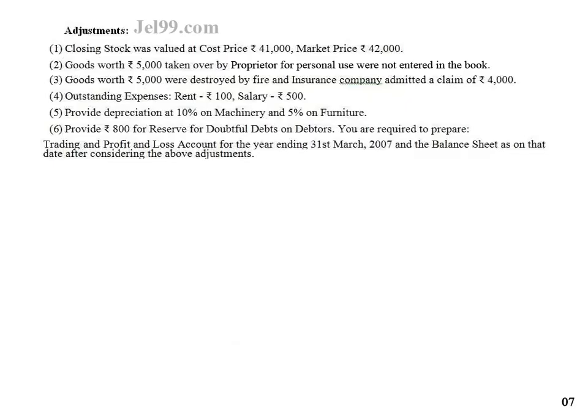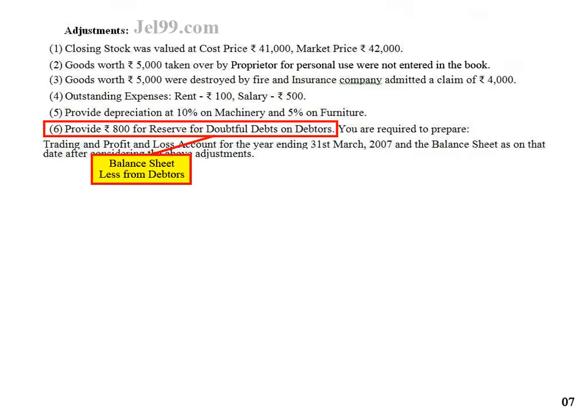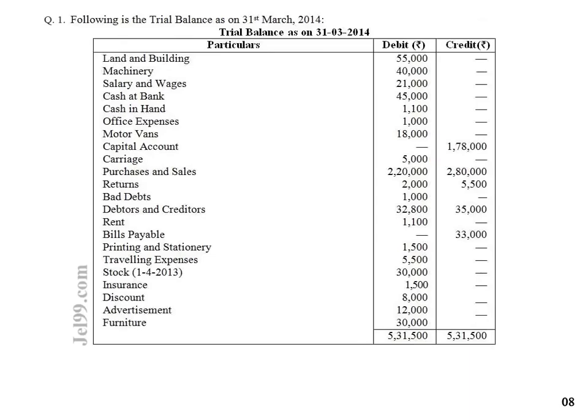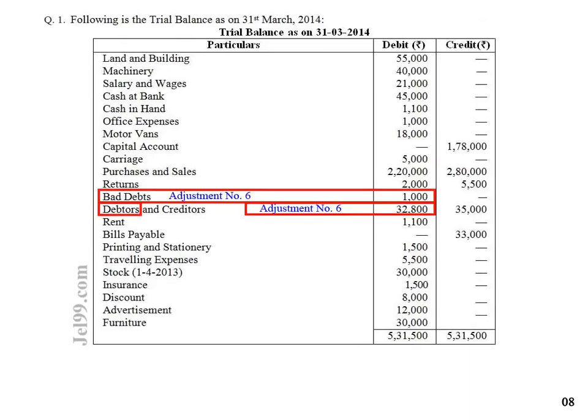Adjustment number 6. Provide Rs 800 for reserve for doubtful debts on debtors. RDD is a doubtful loss which will occur in future, hence its first effect is shown on balance sheet, less from sundry debtors, and second effect will be recorded on profit and loss account, add to bad debts, so we will mark down adjustment number 6 on bad debts and on debtors.